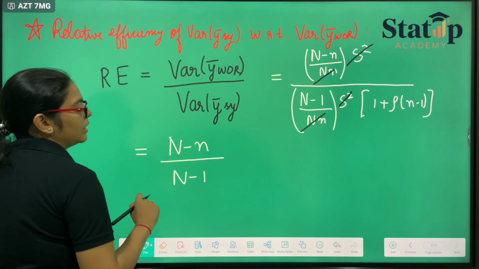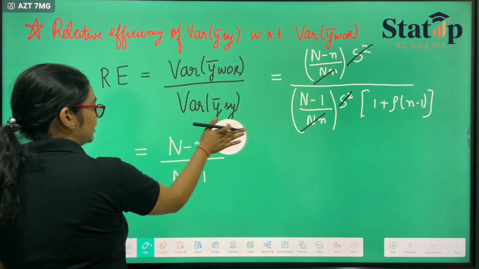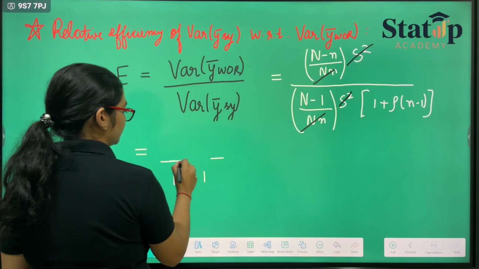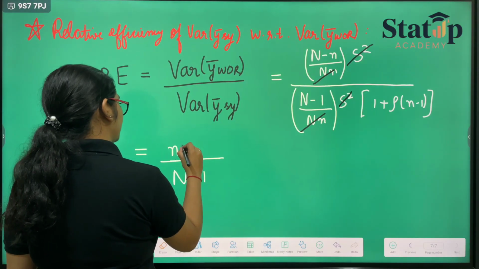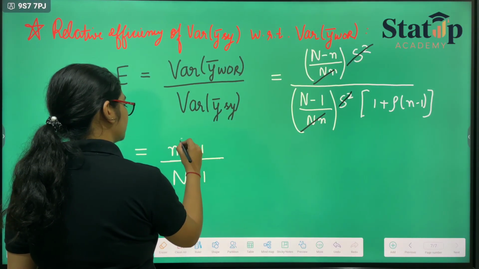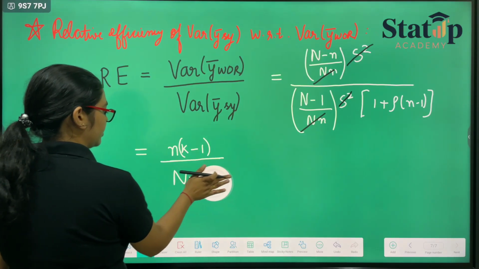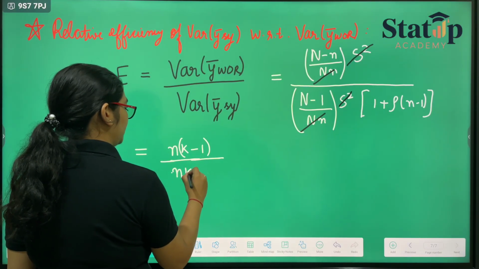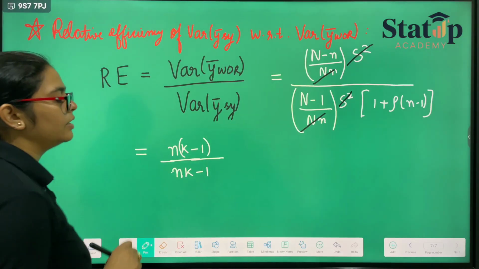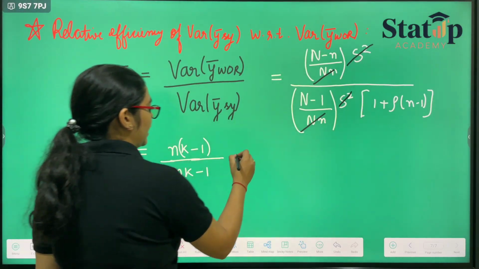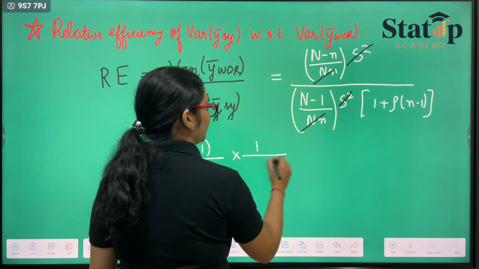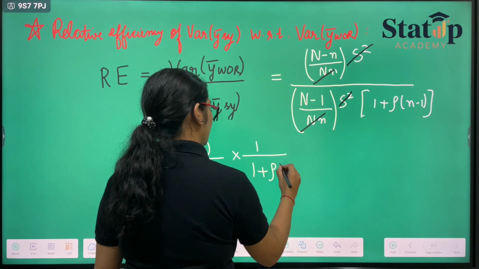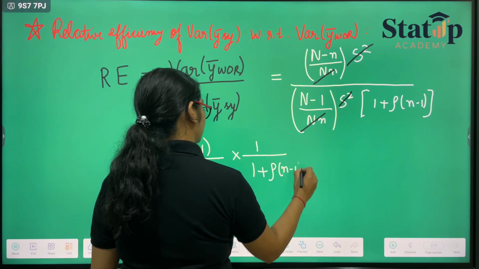So here capital N minus small n can be rewritten as nk minus n, and here it can be written as nk minus 1, right? And in the bracket we are left with 1 upon 1 plus rho n minus 1.